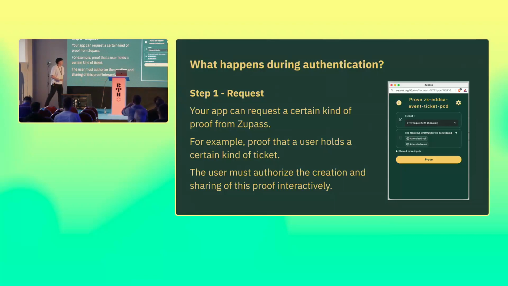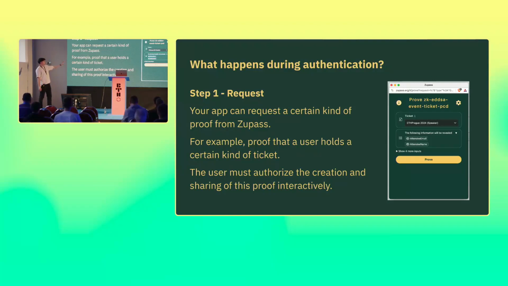So what actually happens during this process of authentication? The first thing that happens is you request a certain kind of proof. Those are the different parameters on the screen here. In this case, you request this specific proof, ZK event ticket PCD. It's kind of a mouthful, but it's requesting these two fields from you, email and name.